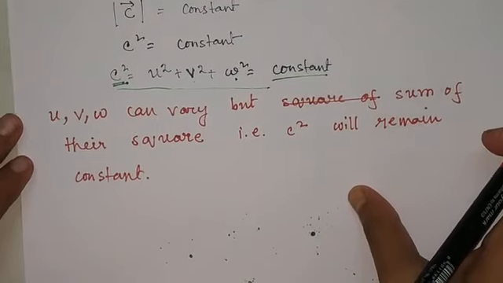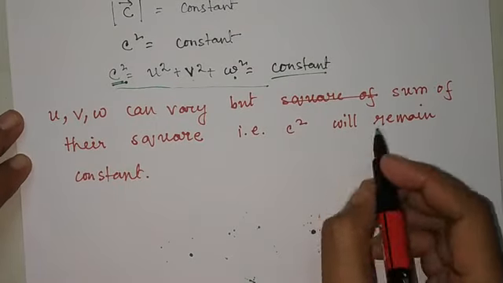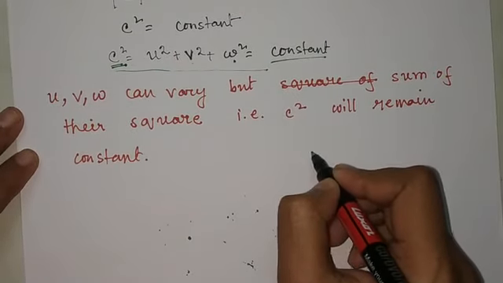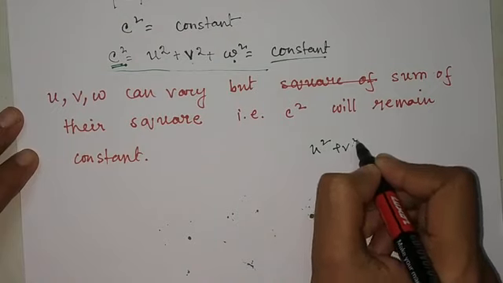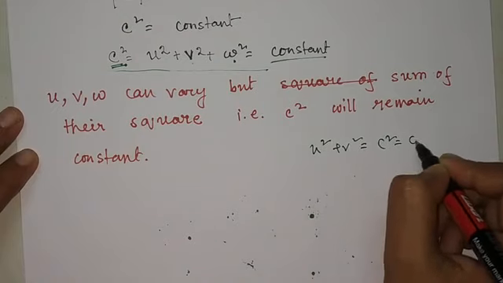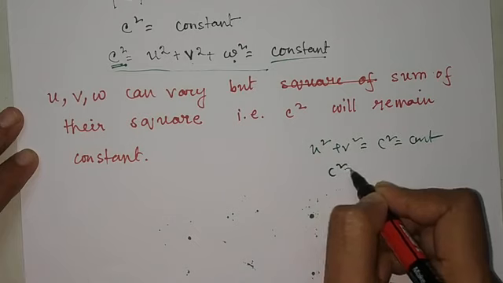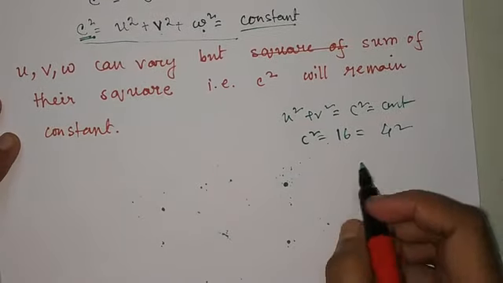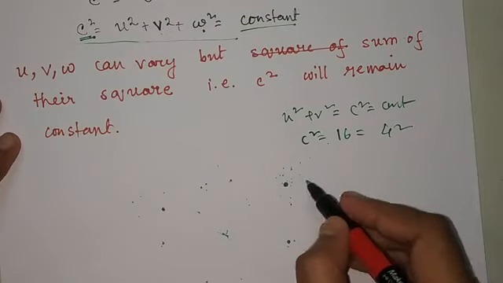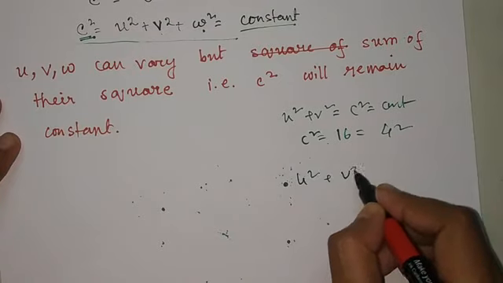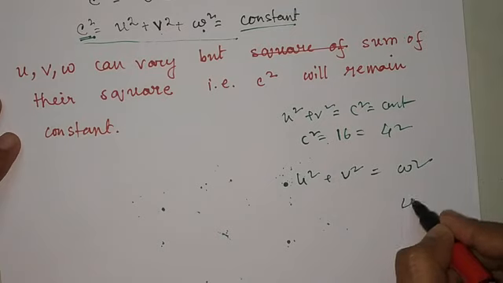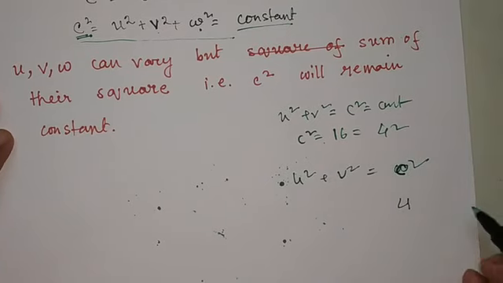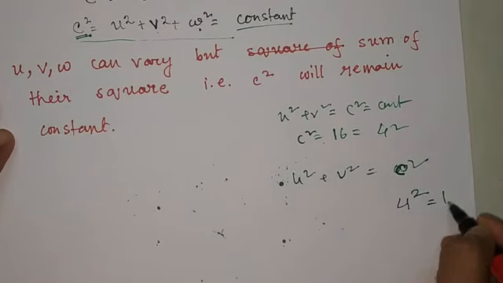So for example, suppose you take only two quantities, U square plus V square equals C square, suppose it is constant, and C square is 16, which is 4 square. Okay, so now we can make 16 in various ways. So U square plus V square equals C square, which equals 4 square, which is 16.